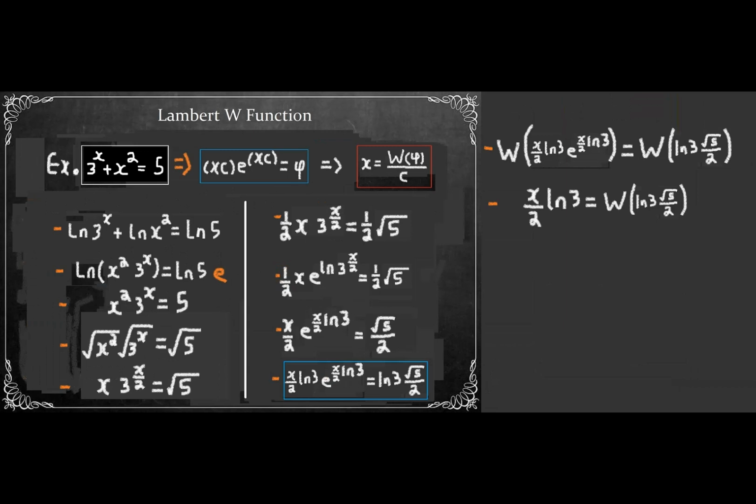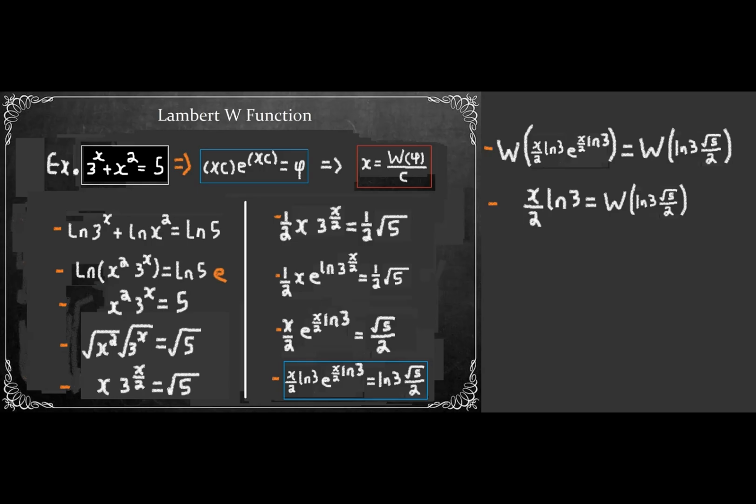And we're left with x over 2 times ln 3 equals W of ln 3 times square root of 5 over 2. Nice.